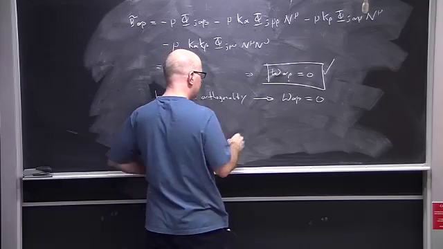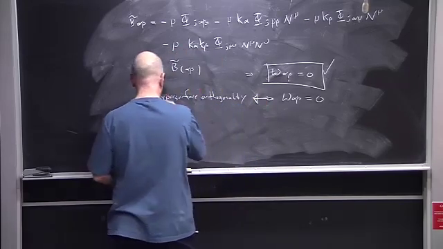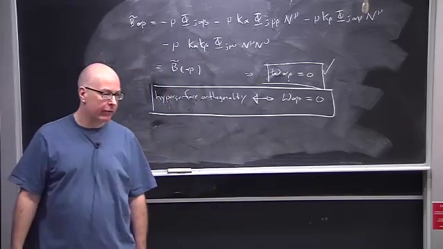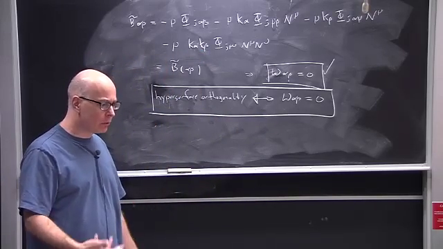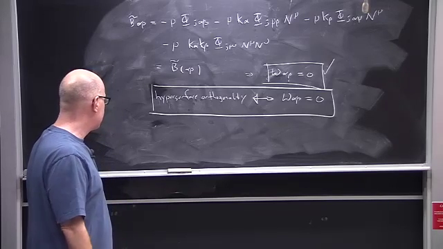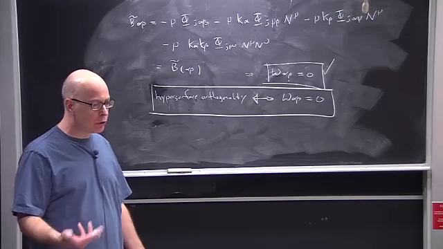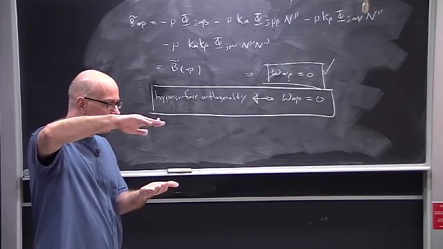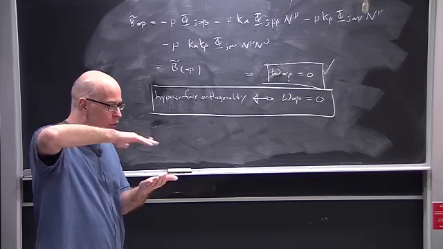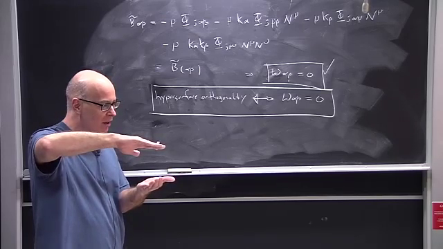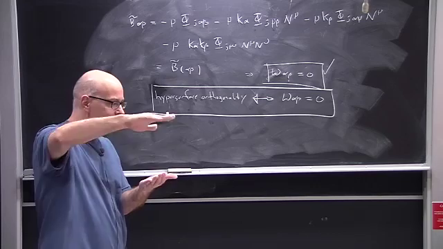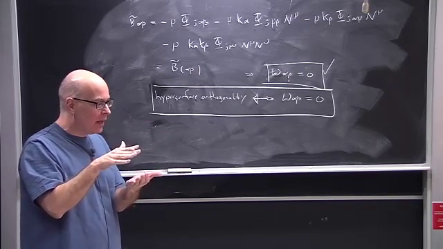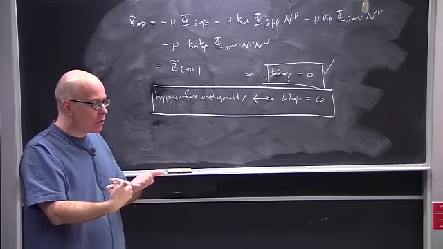And again, hypersurface orthogonality means that we have a null vector field, and the surfaces to which it's orthogonal are also tangent to it. So the vector field k is at once normal and tangent to those surfaces. So k is both normal and tangent to the hypersurfaces.